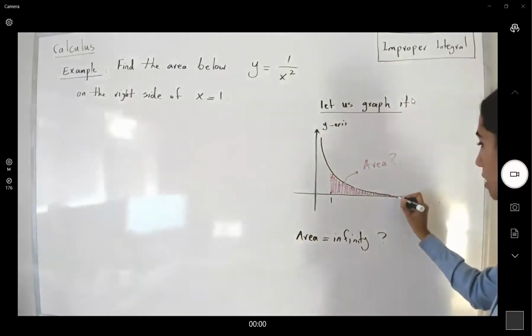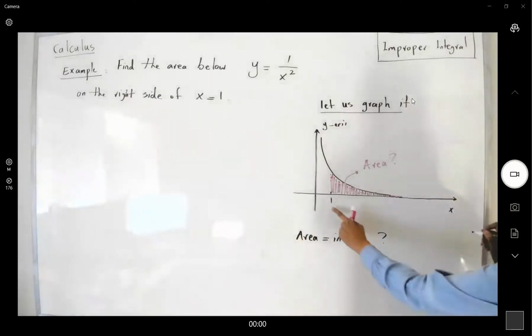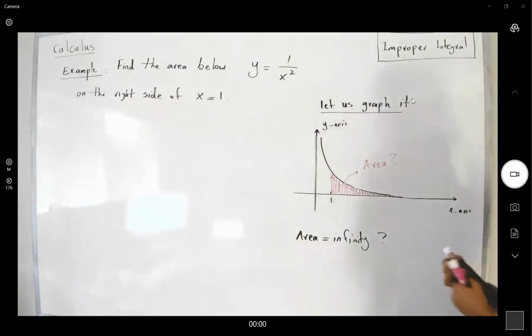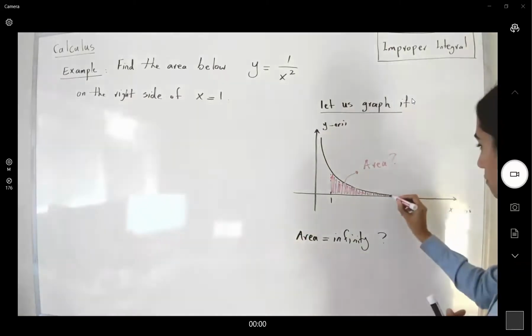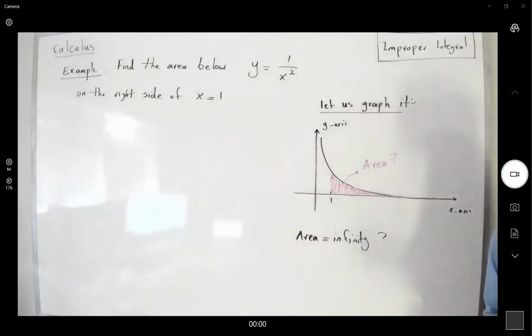Remember that it just says on the right-hand side of x equals 1, and it continues on the right side. So how do we calculate this area? Do we say the area is infinity?